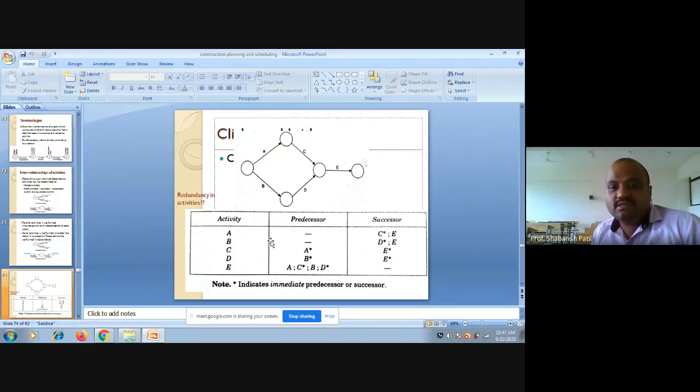What I have to do is list only immediate predecessor activities. So for E, I will take only C and D as the predecessor activities. A and B are there, but they are predecessors to C and D. So I will be going only one level back to list my predecessor activity.